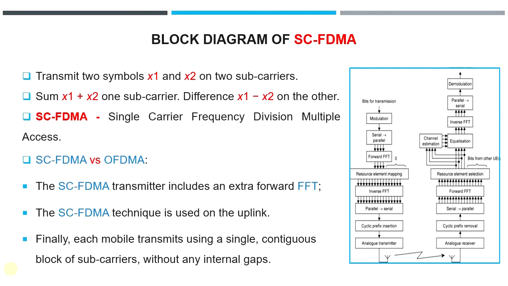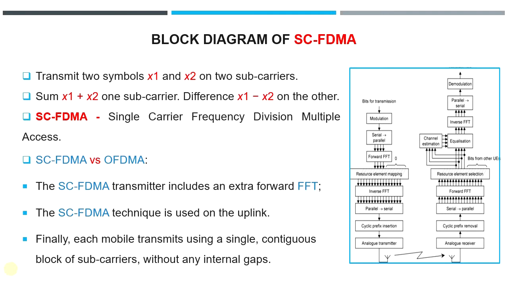Block diagram of SC-FDMA. The power variations described above arise because there is a one-to-one mapping between symbols and subcarriers. If we mix the symbols together before placing them on the subcarriers, then we might be able to adjust the transmitted signal and reduce its power variation.